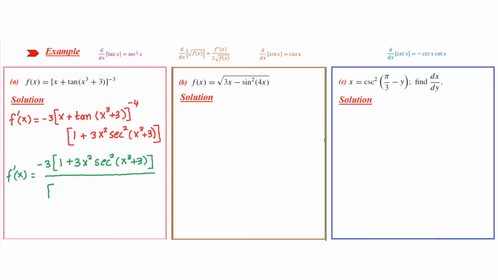So we have x plus tan x to the power 3 plus 3, all to the power 4.